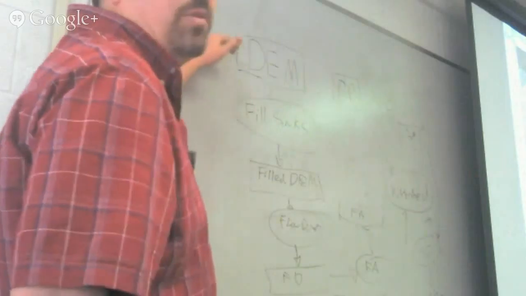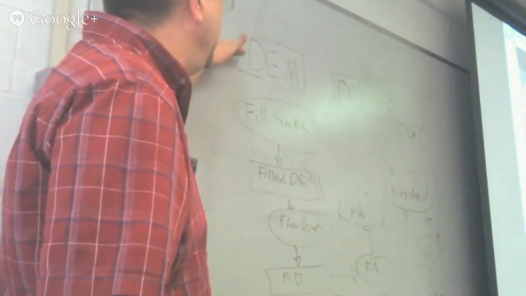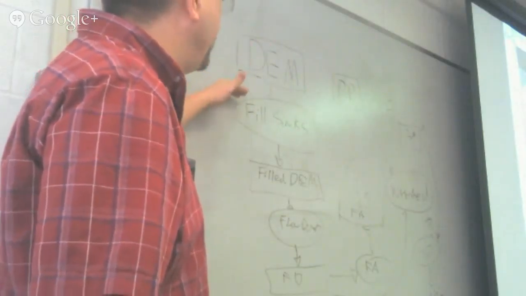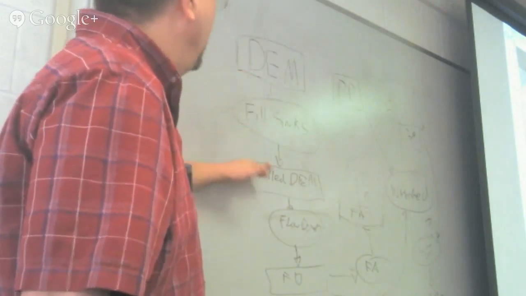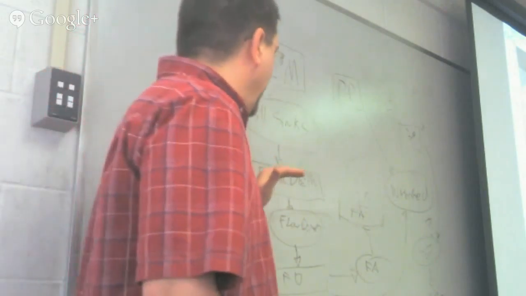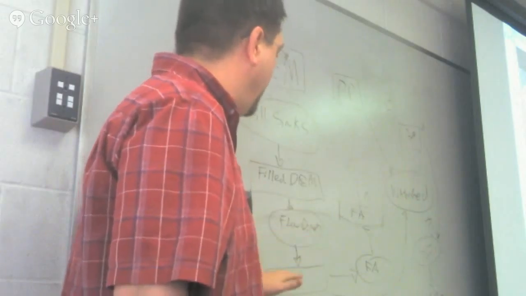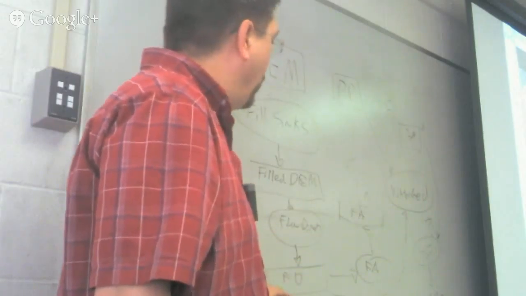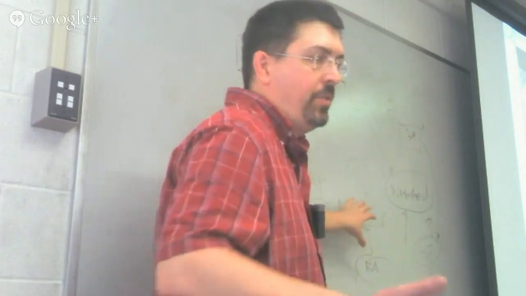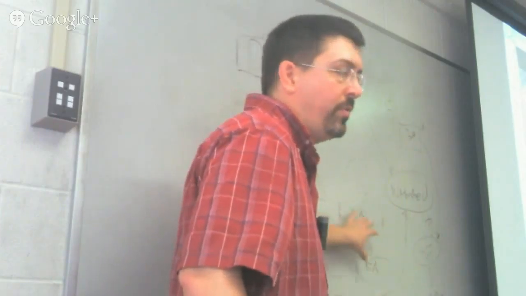But those are the processes. We've got our DEM. We fill the sinks. We get our filled DEM. We calculate flow direction on that, and we get a flow direction data set. We don't have to calculate flow accumulation for this particular problem, but this is where we would if we did.